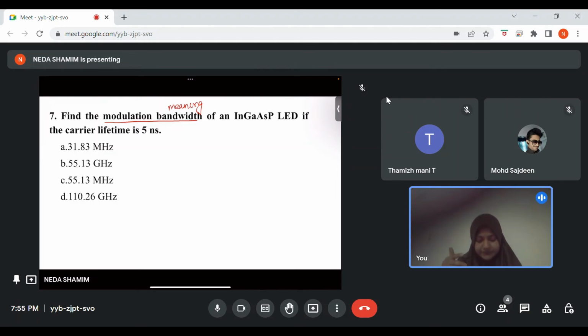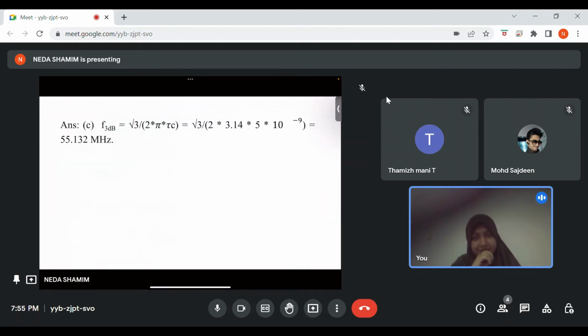So it's related to that. I can give you this hint. Basically it depends on the carrier's lifetime, and also the frequency response. Now all I want you to do is to explain this to me physically. If these are just terms, carrier lifetime, modulation bandwidth, what is the physical meaning of modulation bandwidth?